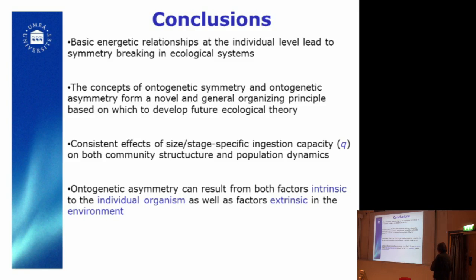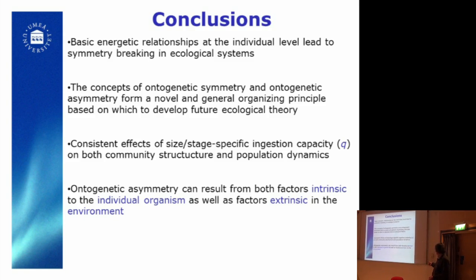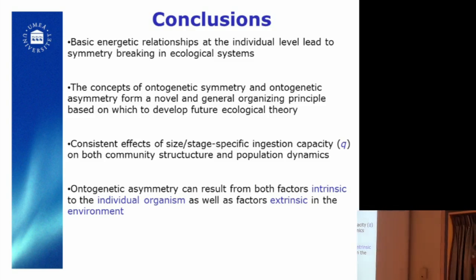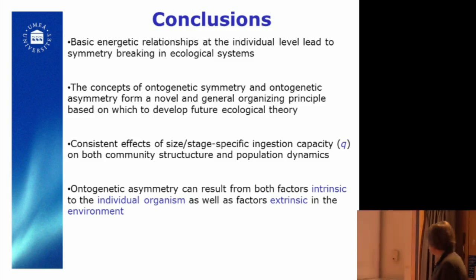Ontogenetic asymmetry can result from both factors intrinsic to the organism as well as factors extrinsic to the environment. So even if we have this nice balancing of ingestion and Q, etc., but resource production for juveniles and adults is different, we still get all the effects of ontogenetic asymmetry. So including both intrinsic and extrinsic factors makes it, in my view, even less likely to end up in ontogenetic symmetry.